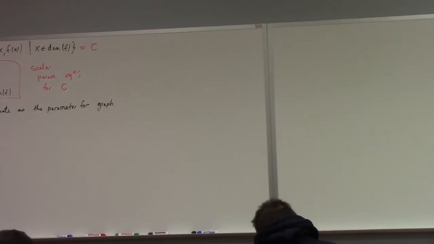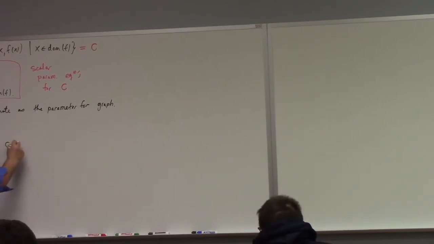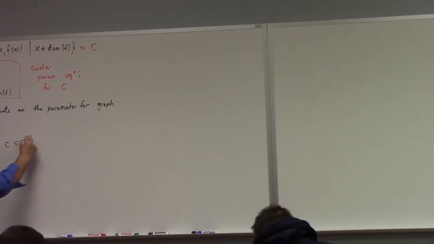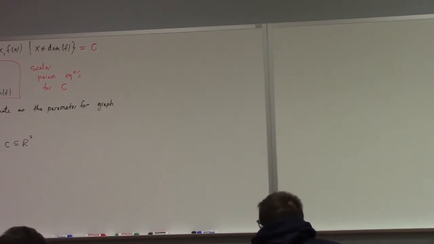R is a mapping from the domain of f to C. All right, this C is a subset of R2, right? So the input of R is real numbers from the domain of the function. The output is the points on the curve, which we're parameterizing, the graph, right?